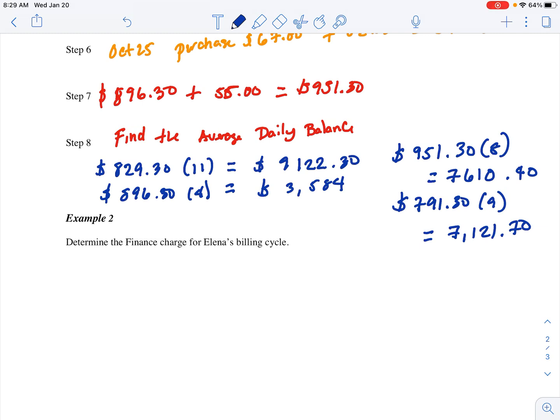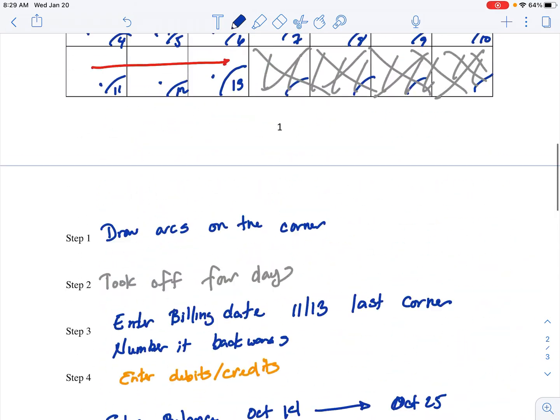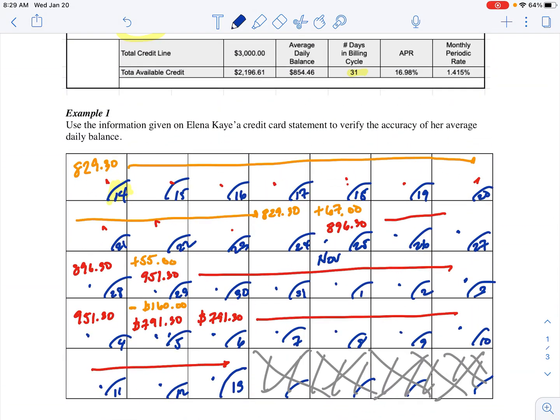And something's wrong with my calculation, getting way more than what they had here. 829.30 times 11. Oops, that's the reason why.